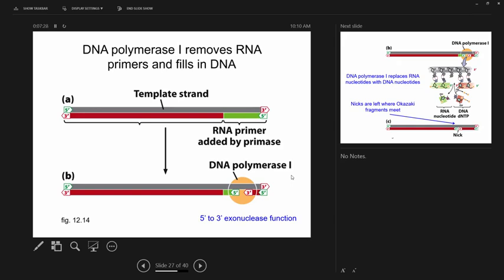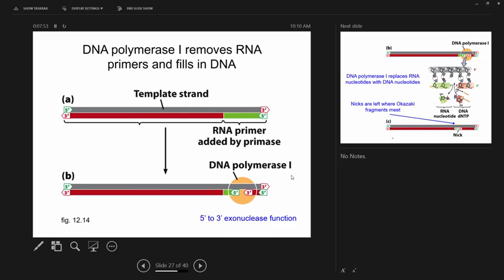While these were necessary to get DNA polymerase III able to add nucleotides to the end of the chain, we've got to get rid of them now. So DNA polymerase I helps to do that. DNA polymerase I has two functions that you need to know about.